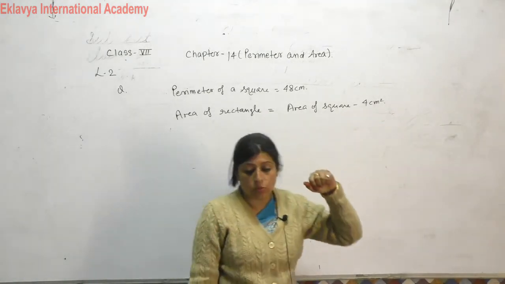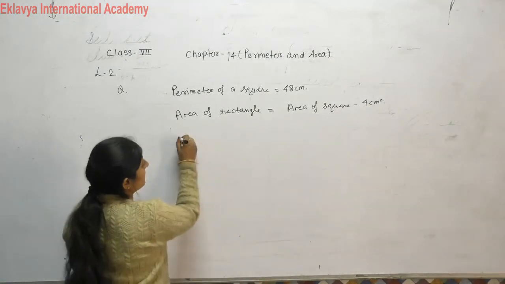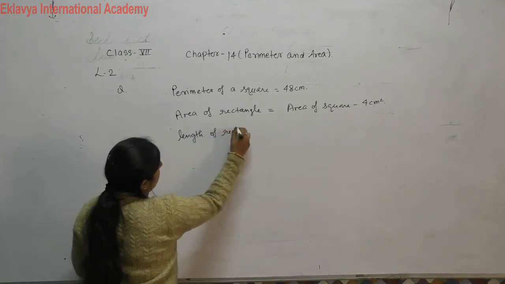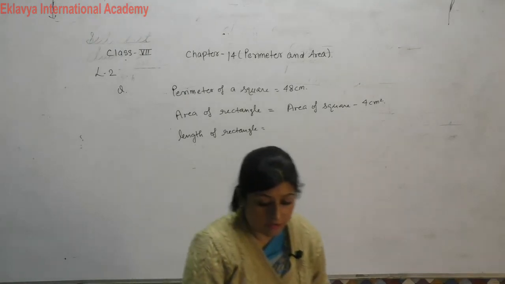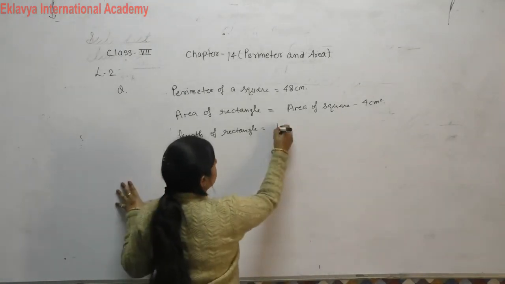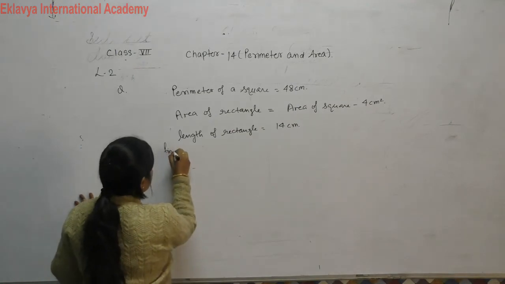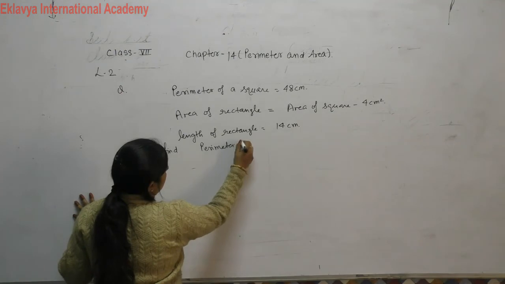Area of square. If length of rectangle is equal to 14 centimeter, then find perimeter of rectangle.